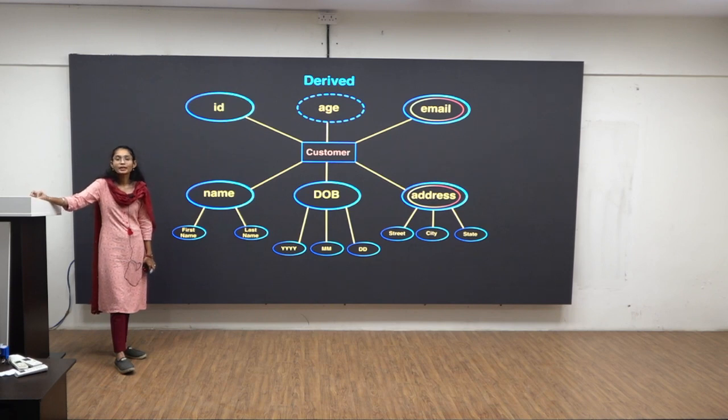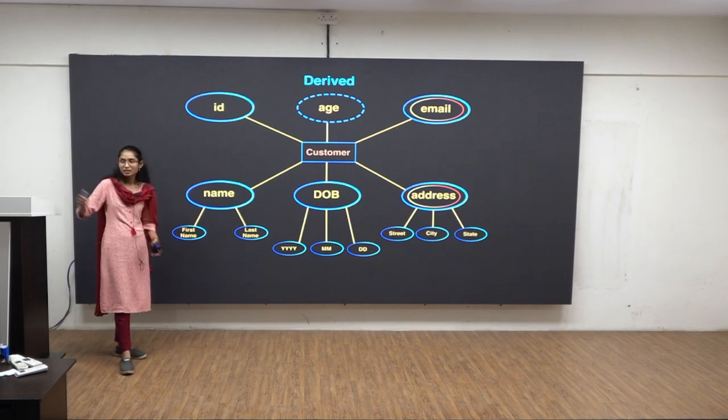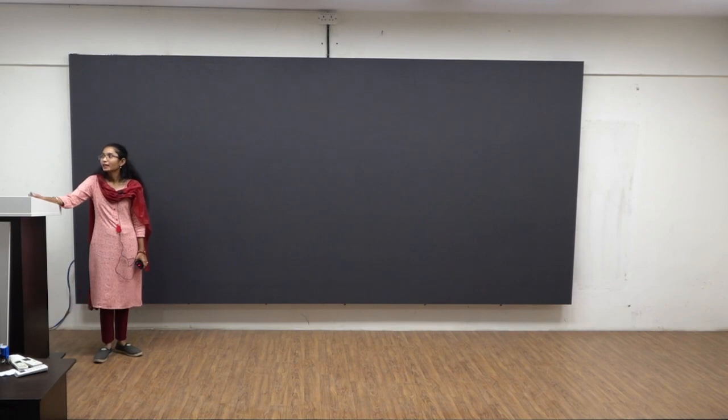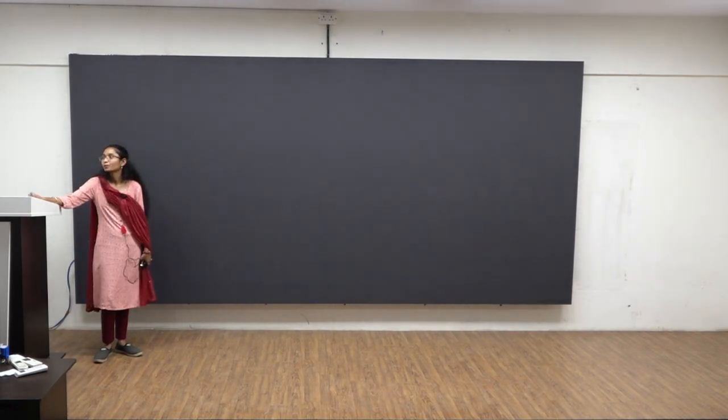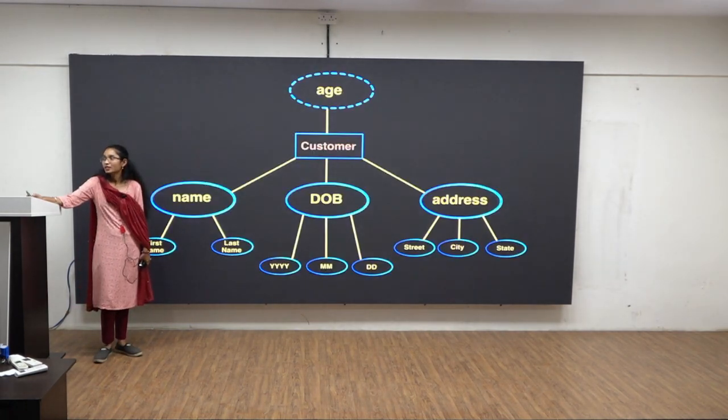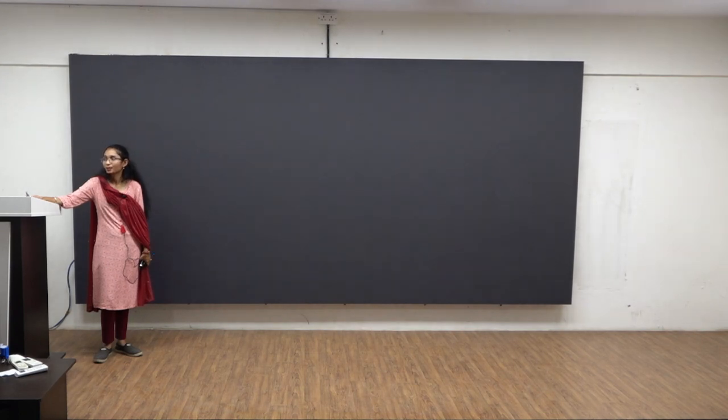So till now, how many types of attributes have we seen? What are those? Simple attribute, composite attribute, single valued, multi-valued and derived attribute. And we have one final and the most important attribute compared to all of them, which is nothing but your key attribute.